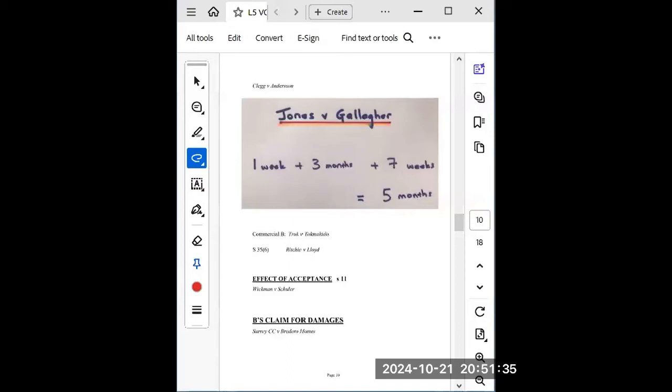See also the case of Jones against Gallagher. Mr. and Mrs. Jones wanted to refurbish their kitchen. They were going to have new cupboards and new appliances. They told the kitchen people it must match the existing pine colour. New cupboards were installed. 1 week later, the husband and wife complained that the cupboards did not match the pine colour.